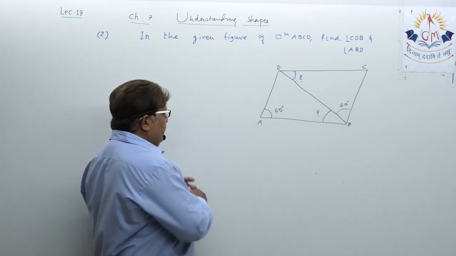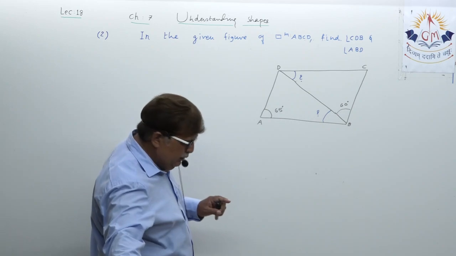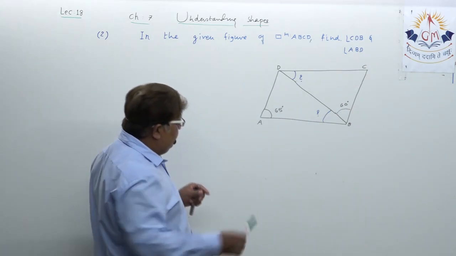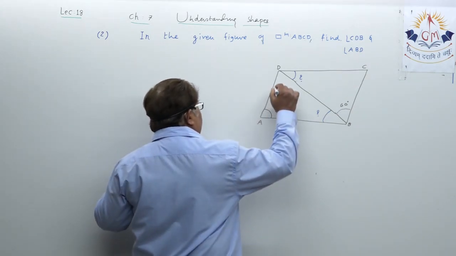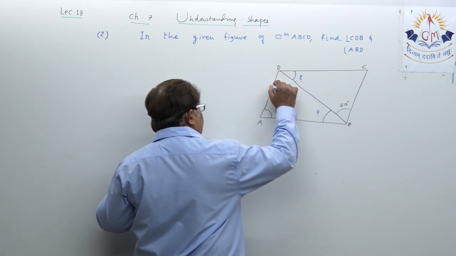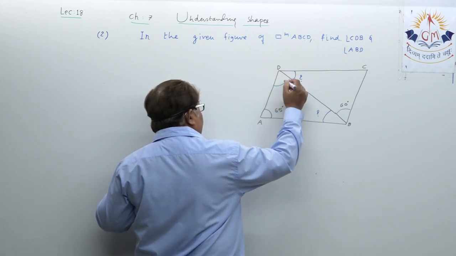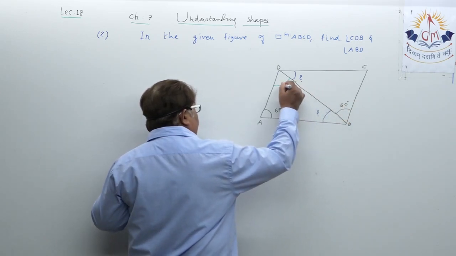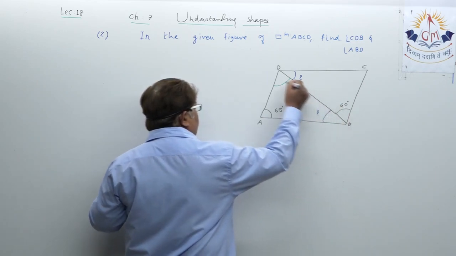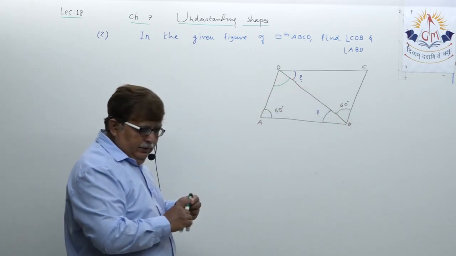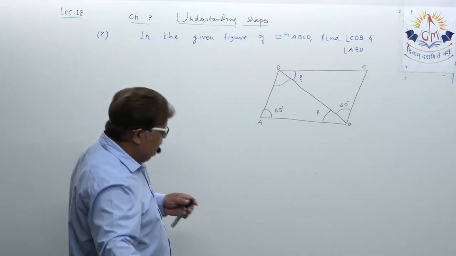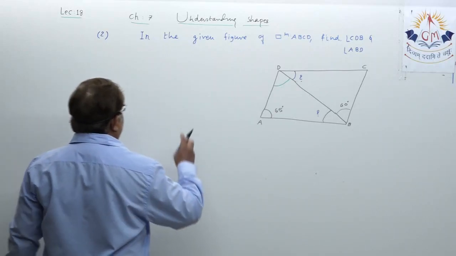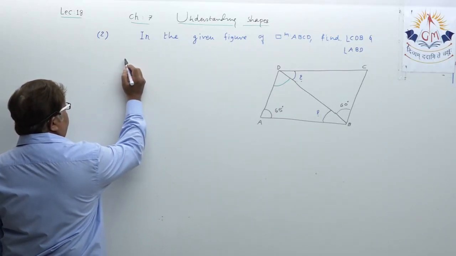Okay, my target first is this angle, dear student. This is our first target. Okay, because it makes congruent pairs of alternate angles. Okay, let us solve this particular example.